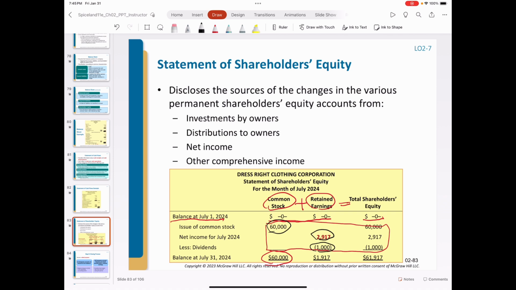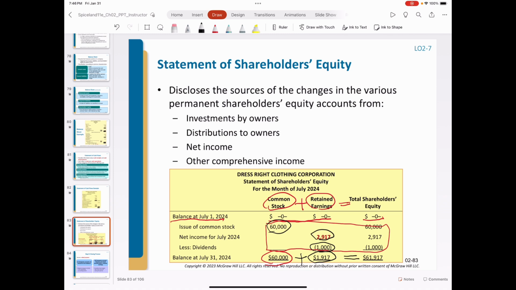Profit was 2,917, but 1,000 was paid as dividends to the shareholders. So there was only 1,917 left, which is retained on the balance sheet. So the ending balance of stockholders' equity is the sum of both.